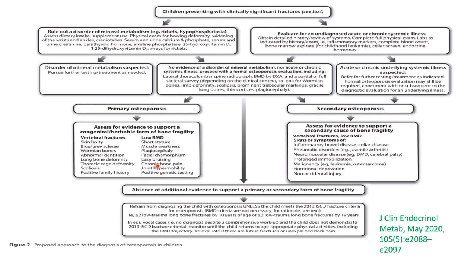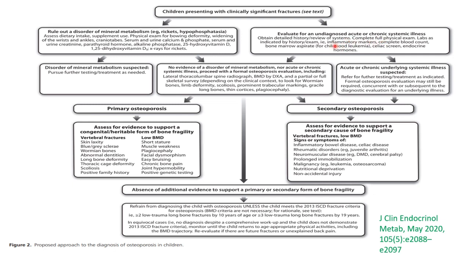Others like facial dysmorphism, easy bruising, chronic bone pain, joint hypermobility, and positive genetic testing. We will also discuss this in further slides, but this is what to look for, as we have discussed osteogenesis imperfecta in great detail.